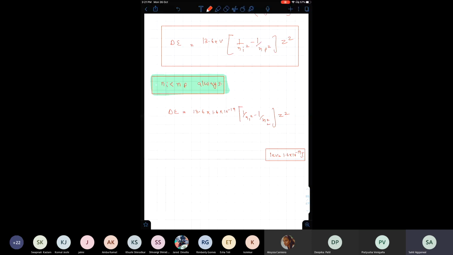This will become your minus 2.18 into 10 to the raised power minus 18 into 1 upon n1 square minus 1 upon n2 square into Z square joule per atom. Per atom we are talking about. Always remember this.